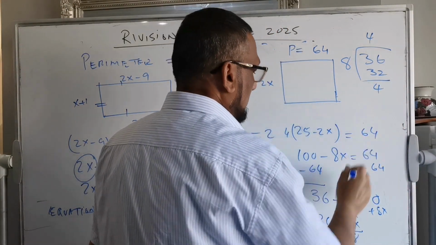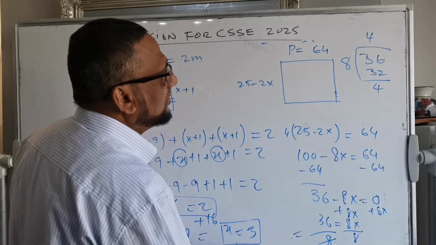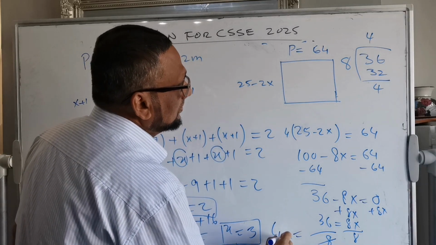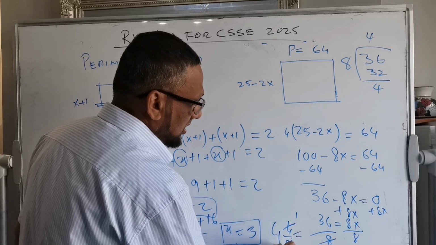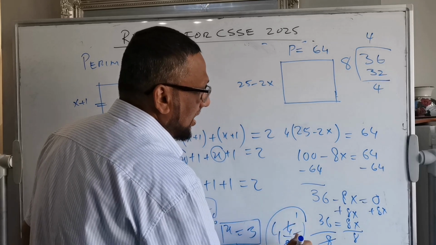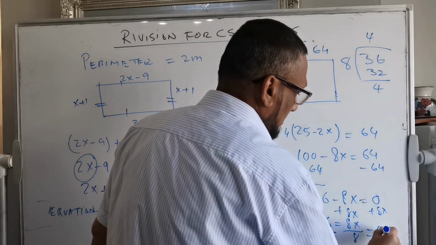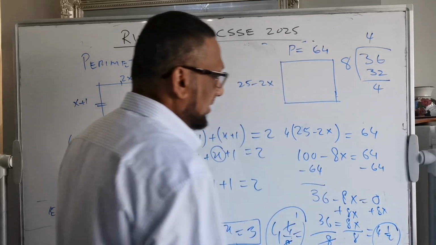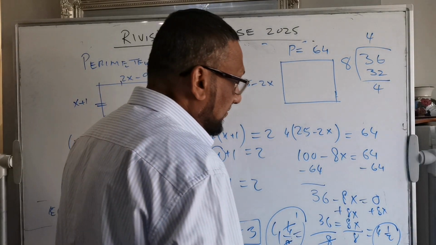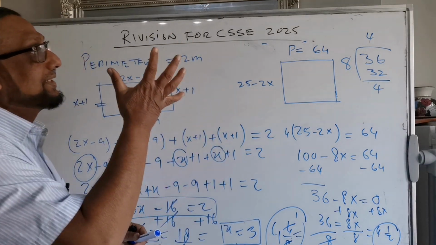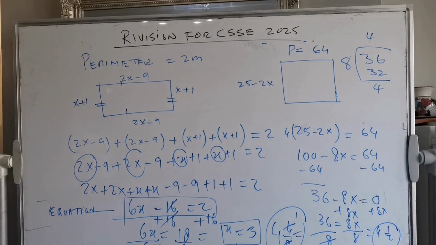So the answer will be 4 and 4 over 8, so it means 4.5. So the answer will be 4.5. This is the way you can find the value of x.